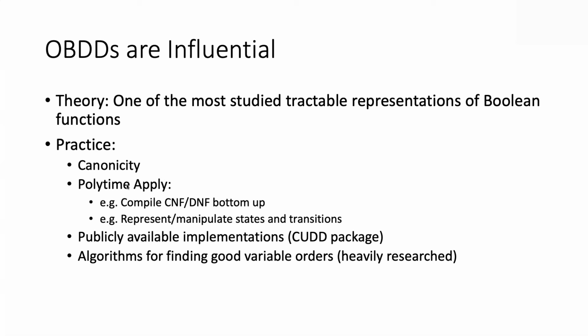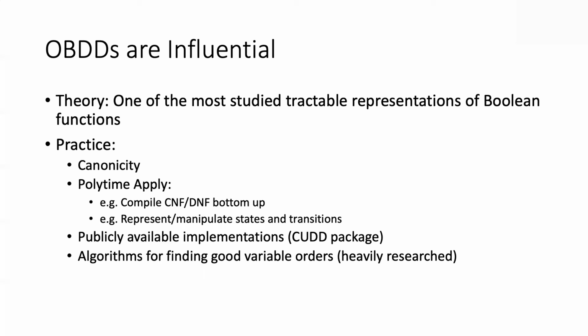The fact that you have a polytime apply, remember what apply is. Apply takes two OBDDs and combines them using a Boolean operator like conjoin or disjoin. And the fact that you can do that in polytime, in particular quadratic time, has all kinds of implications. You'll see later when we talk about bottom-up compilation that apply is at the heart of doing bottom-up compilation.